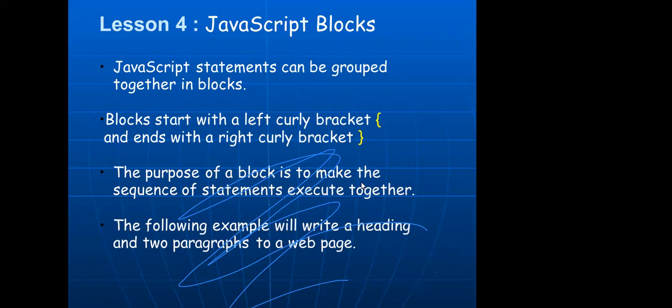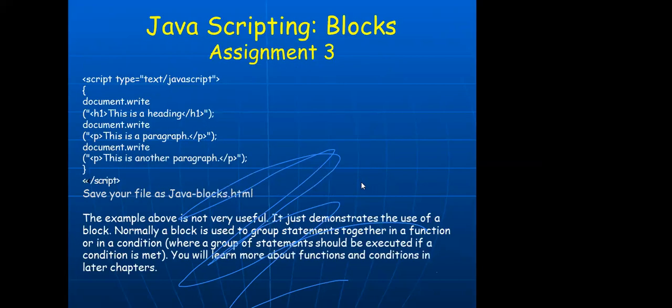Fine. The following example will write a heading and 2 paragraphs to a web page. So let's see. So document.write, a very simple program. Nothing special. Save your file as javablock.html. You can save it and you can execute it.